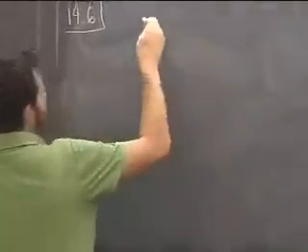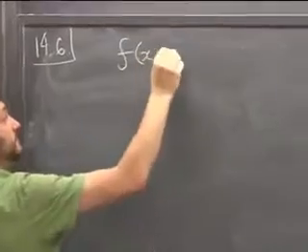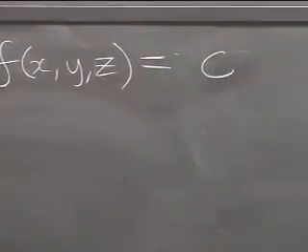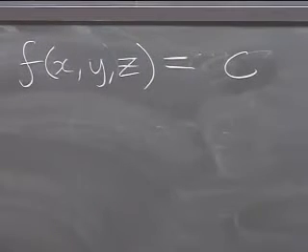Okay, so the first type of problem that I want to look at is this. You have a function f of 3 variables. And you want to consider its level surface f of x, y, z equals c. Again, remember that as you change the value of c, you get different surfaces that don't intersect. They're like layers of an onion.